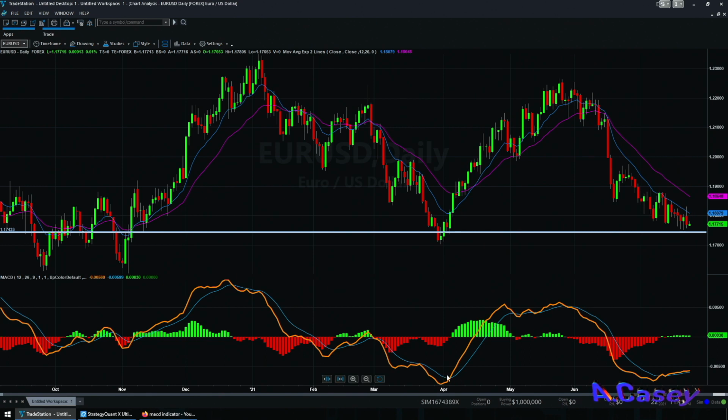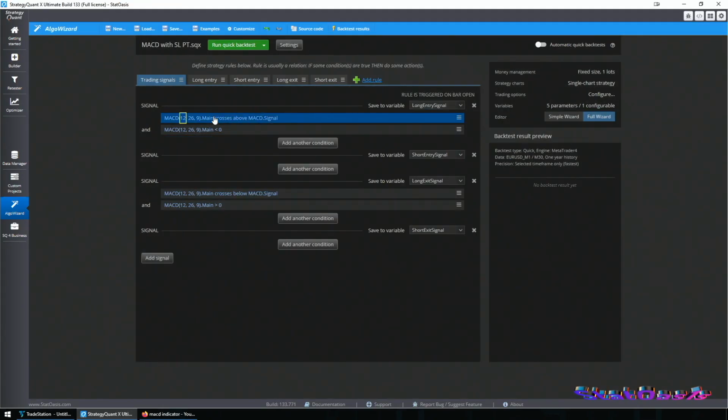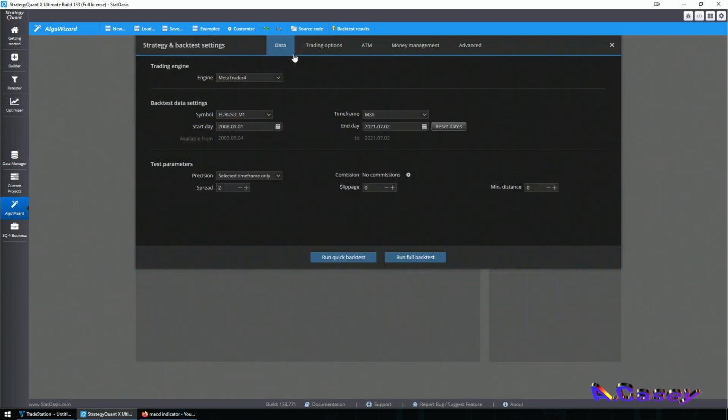And they buy when the cross is below 0, and they sell when the cross is above 0. So this is it. Cross above MACD signal, and it happens below 0, and we sell when the cross is below MACD signal and it happens above 0. So we're using MetaTrader this time and EUR/USD.